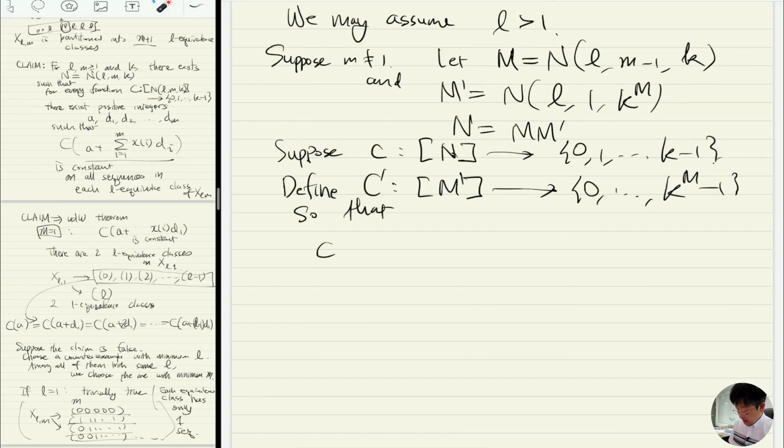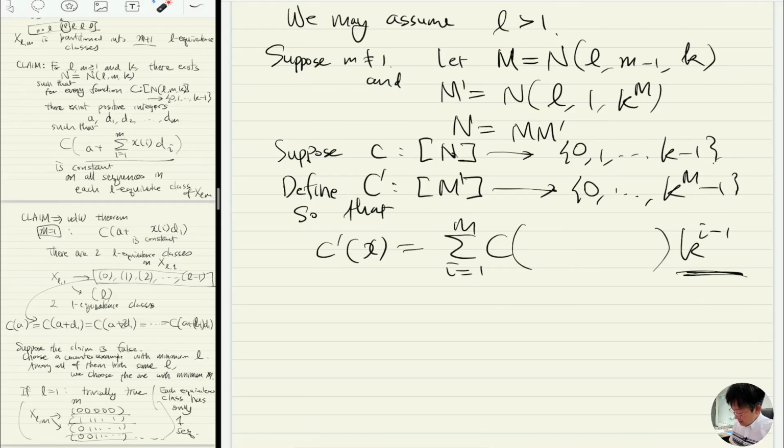So that C prime of x, now you can think of the base k expression of the integers. If k is 2, it's like 1 and 2 and 2 to the 2, 2 to the 3, 2 to the 4, etc. The number of available colors is k, and we're going to put some C of something here.